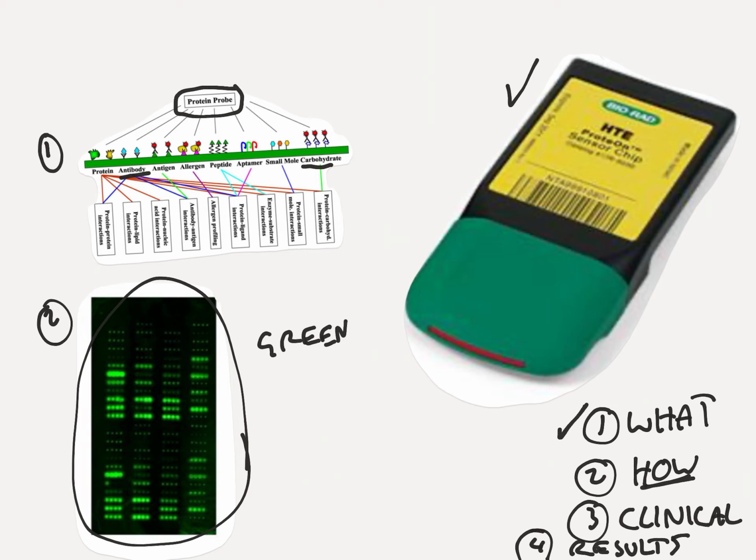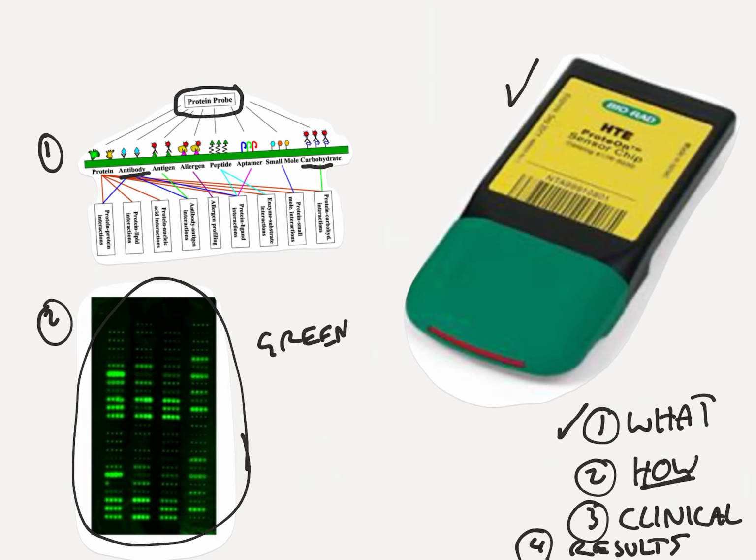If they're present, it'll detect them and bind to them. And there are so many capturing agents in the world. It doesn't necessarily have to be a protein. The point is it should be able to capture the analyte and sort of fix it on the array in the protein chip.